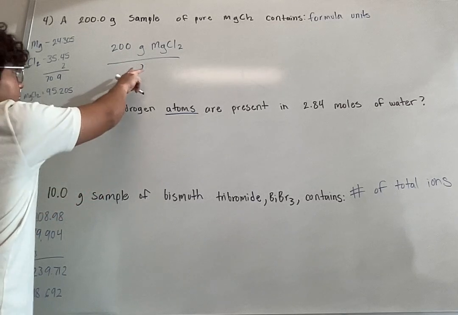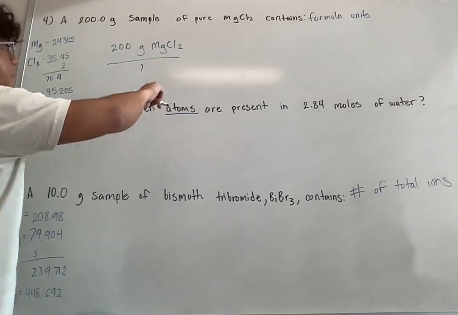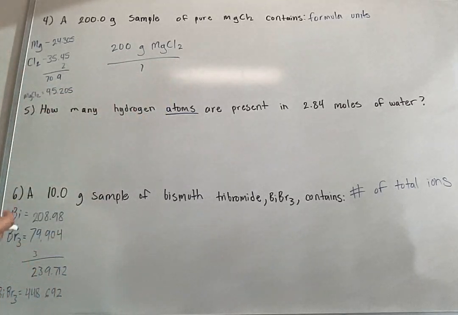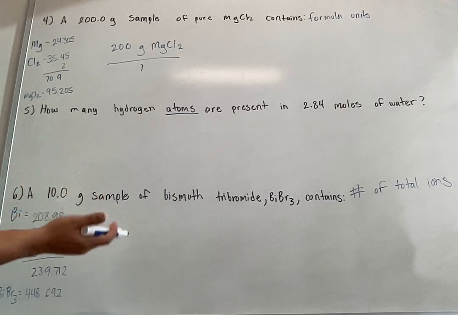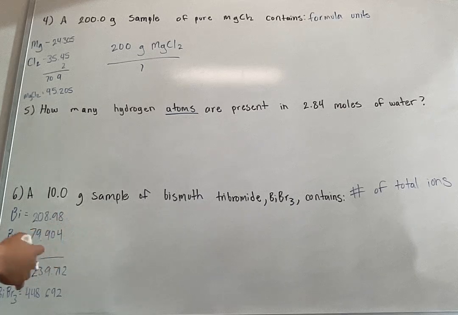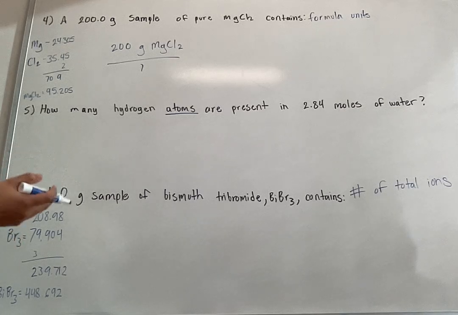So if we have 200 grams here of MgCl2 and we want to find out the formula units or the atoms, we need to first go from grams to moles to formula units. So how do we do that? Well, we use the molecular weights of the MgCl2.